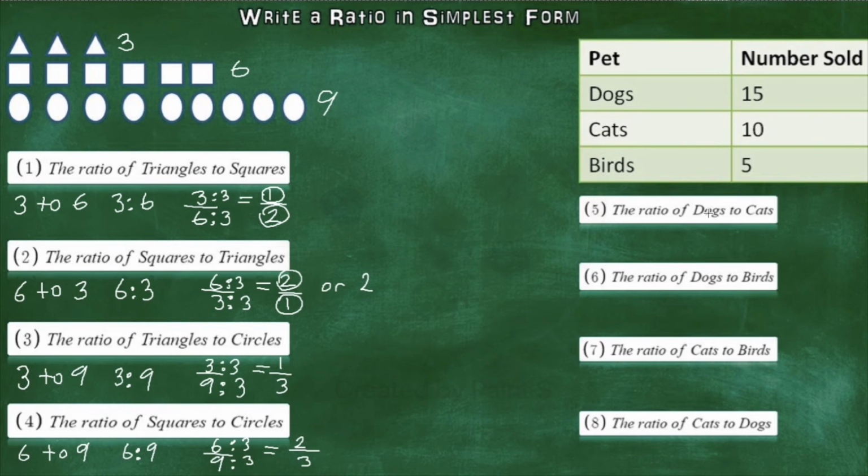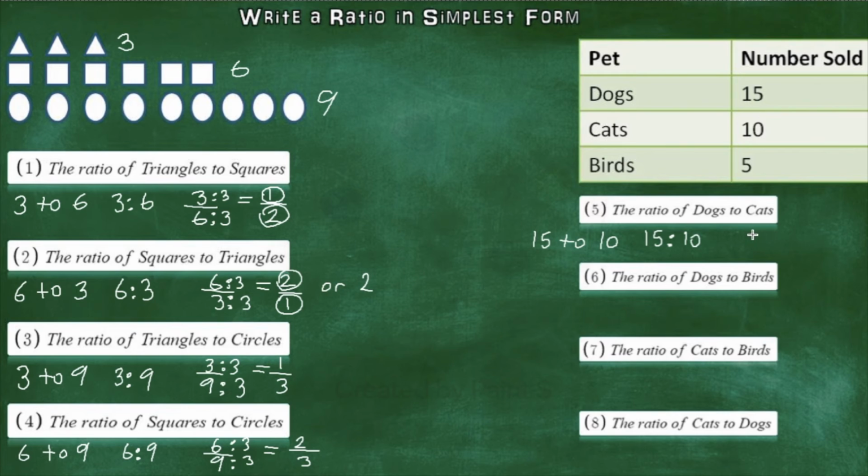The number of dogs sold is 15. This time we don't need to count, they already provide that information to us. So 15 to cats. They sold 10 cats. 15 to 10.